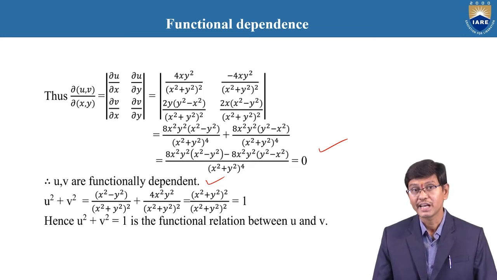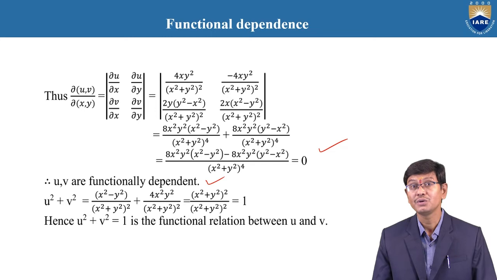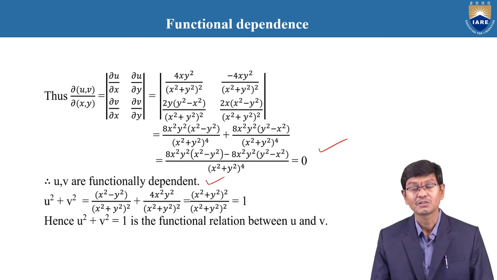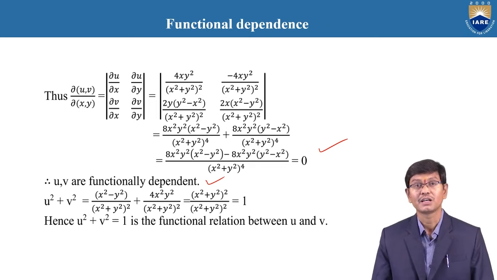And now we need to calculate the relation between these two, that is u, v only. We observe it with the help of the given u, v. While squaring on both sides, there is u square and v square. The addition of these two, u square plus v square, is equal to, clearly we obtain that the RHS is (x square minus y square) by (x square plus y square) whole square, plus 4x square y square by (x square plus y square) whole square.